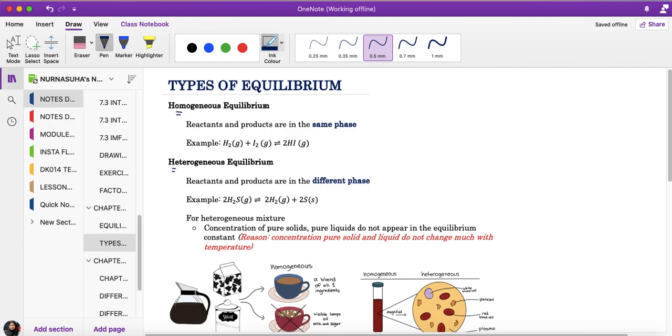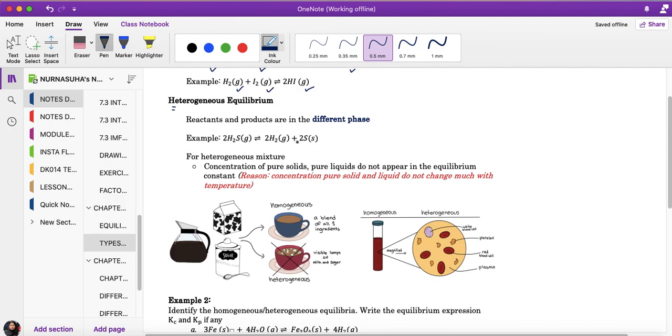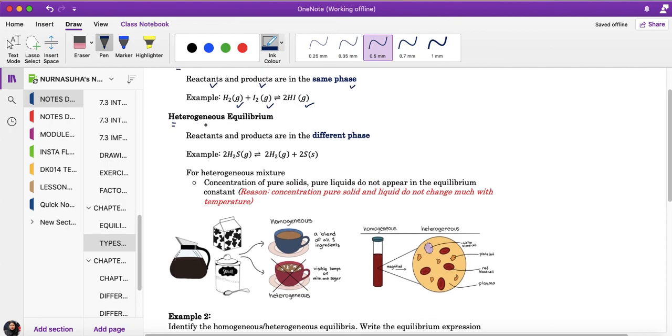For homogeneous equilibrium, reactants and products are in the same phase. Same phase means the phases here are all the same. That is homogeneous. For heterogeneous, reactants and products are in different phases. If you look at this, it is gas, and solid. So the phases are not the same.